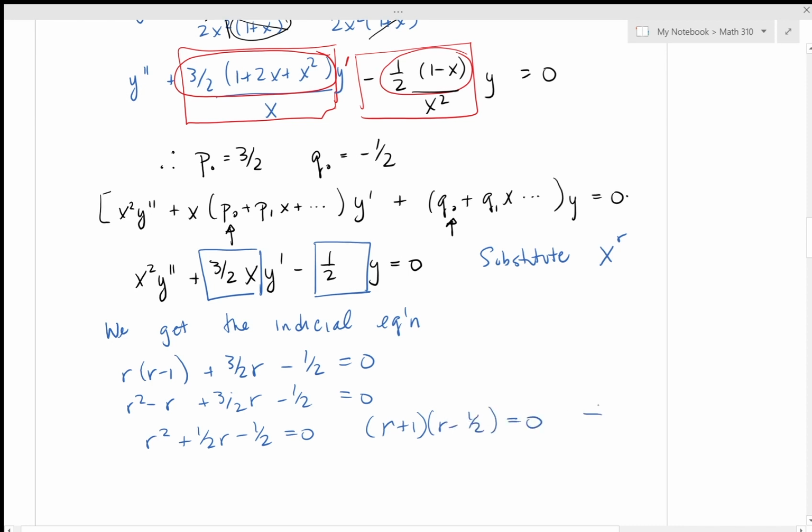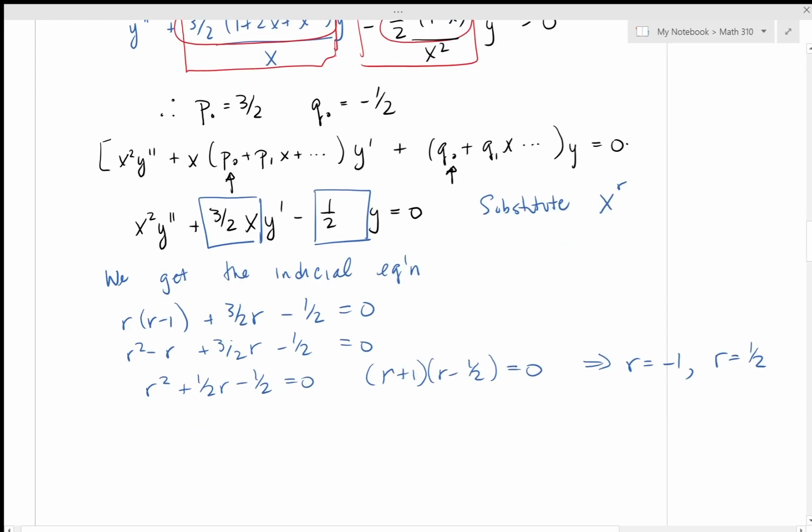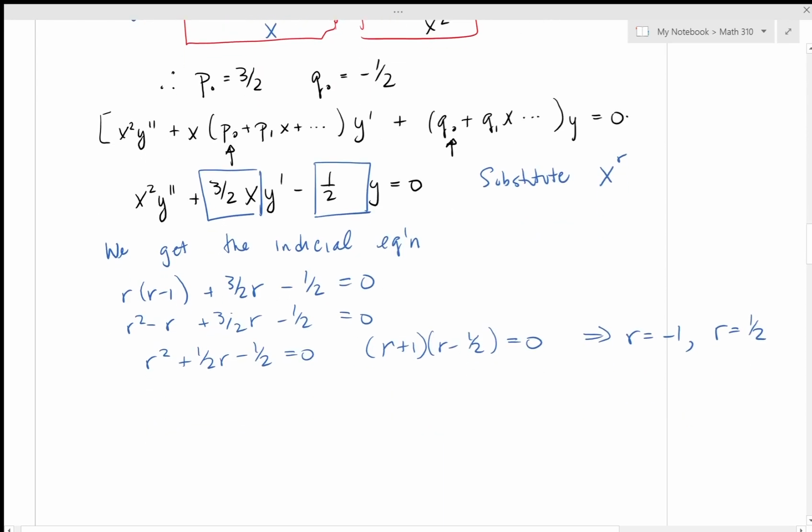That tells me that we have two solutions: r is minus 1 and r is 1/2. So I've used the associated Euler equation to figure out the number r for my Frobenius series for the differential equation I'm trying to solve.